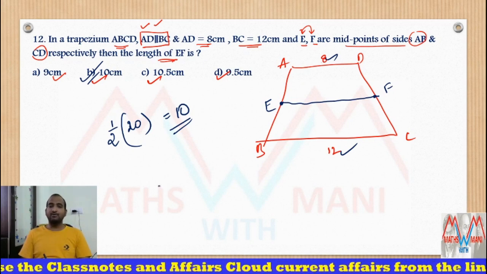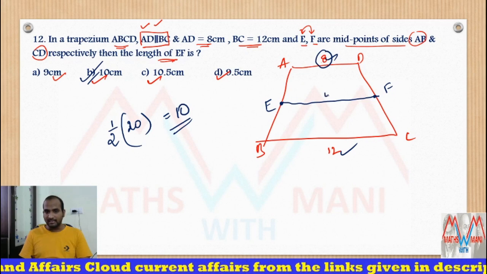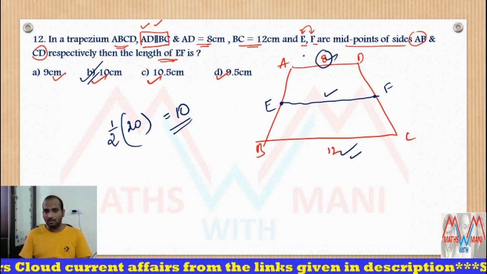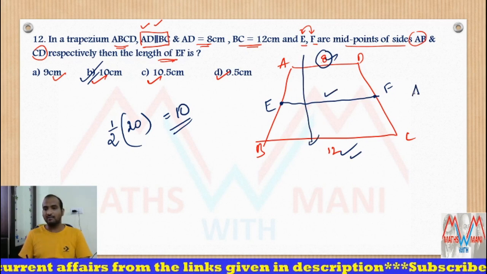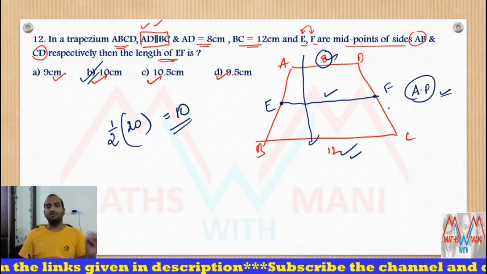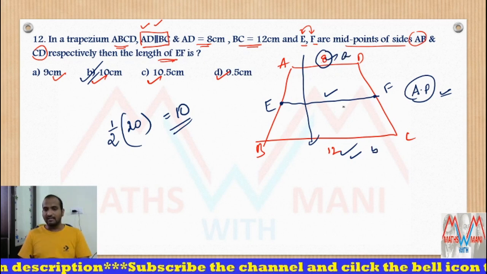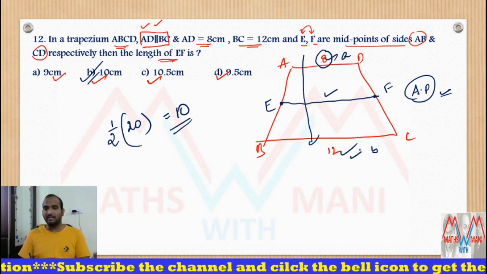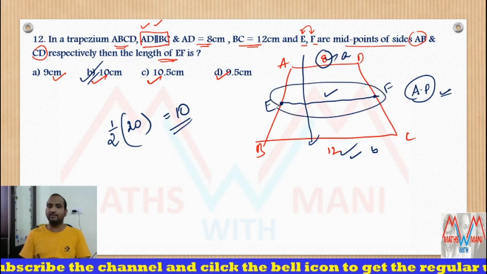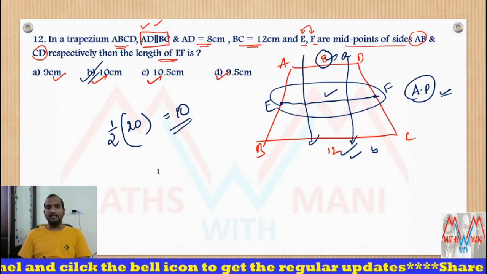You can also find it in another way. What is that? 8, EF and 12, all these parallel sides are in arithmetic progression. You have to remember that. If the parallel sides are A and B, then the average of these two, A plus B by 2, is the length of EF, which means these three lines are definitely in arithmetic progression. 8, 12.